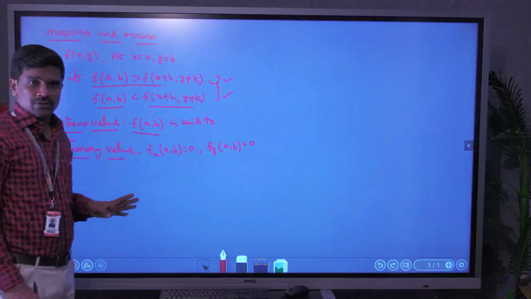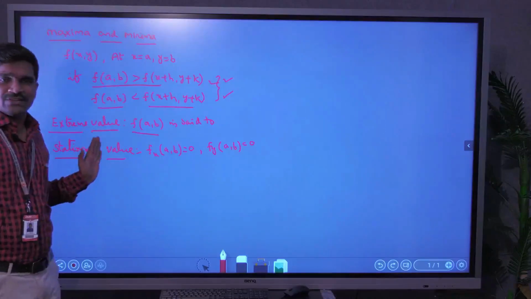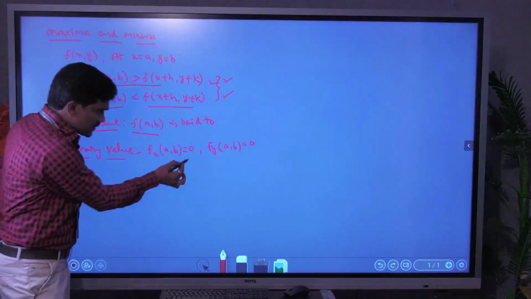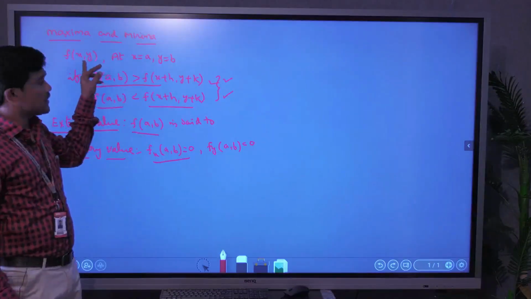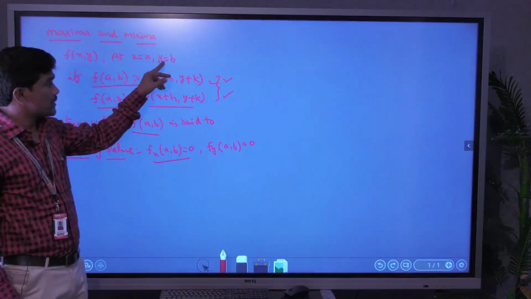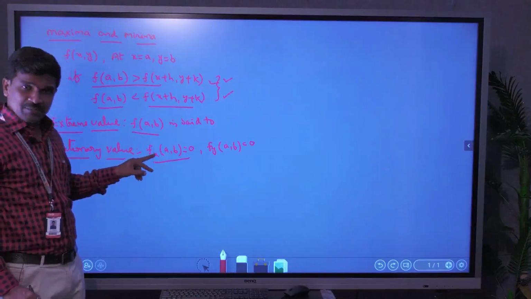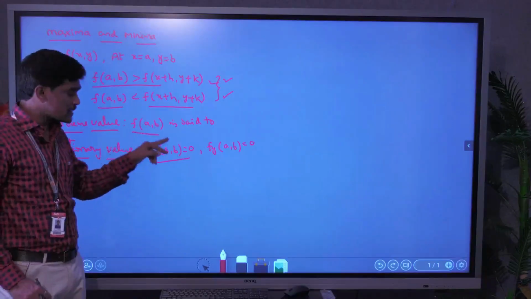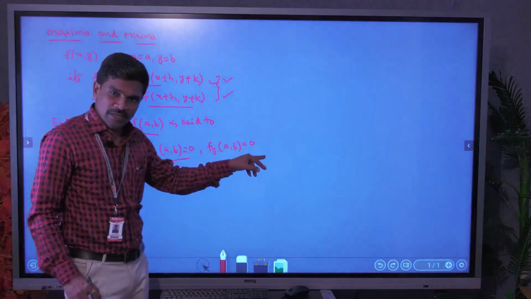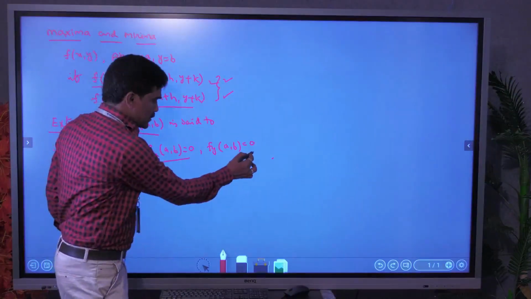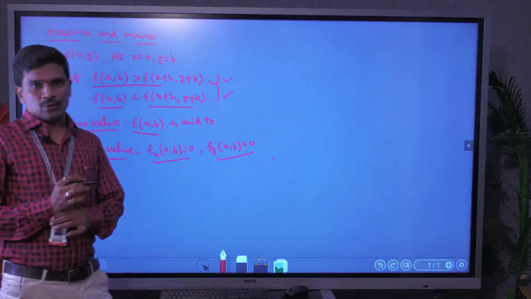If this condition holds, then f(a, b) is the stationary value. Here f is a function of x and y at x equal to a, y equal to b. Here fx means the derivative of f with respect to x at the point (a, b) is equal to 0, and f with respect to y at the point (a, b) is equal to 0. Then f(a, b) is said to be a stationary value.